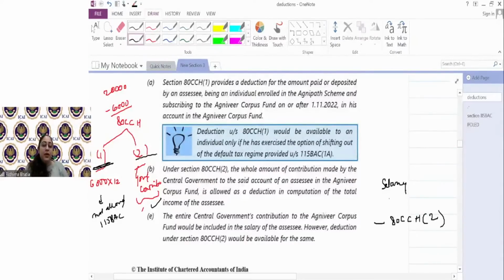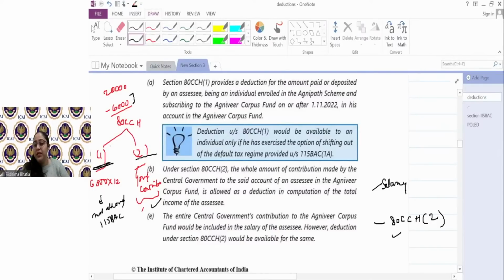So whatever salary part is created goes into 80CCH subsection 2, and whatever contribution I am making is eligible for subsection 1. Ultimately, after 4 years this fund will be created and you'll have a good amount of 5-6 lakhs, so you can take that amount out and it will not be taxable. Got it? So this is all about your 80CCH.